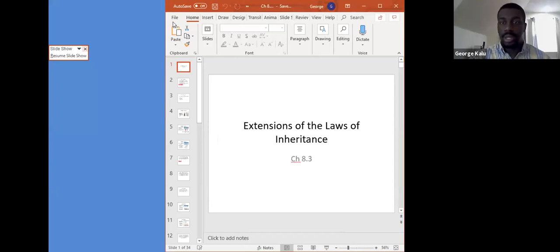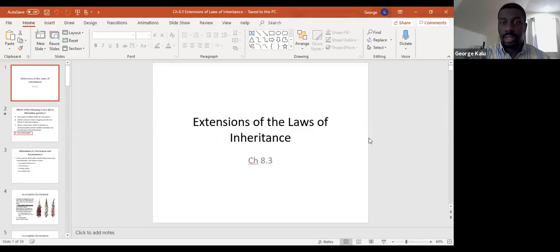Okay, is everyone able to see the 8.3 PowerPoint? Yeah, okay, cool. All righty, so we're going to look at 8.3 now. 8.3 is going to be some of the extensions of the laws of inheritance. So this is going to be chapter 8.3.